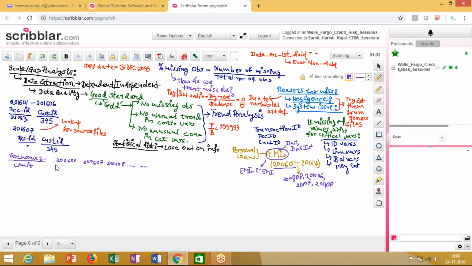Now, I would ideally expect that this variable should have 0% missing. If it has 0% missing, it means that yes, it's account level information, and this variable is correctly populated for all the months.